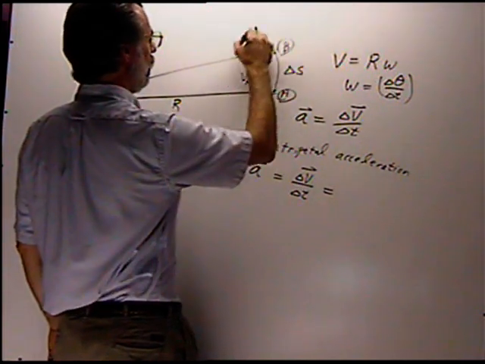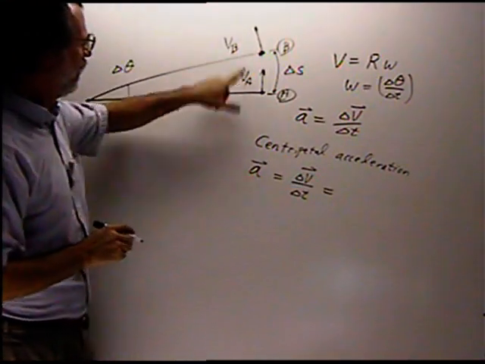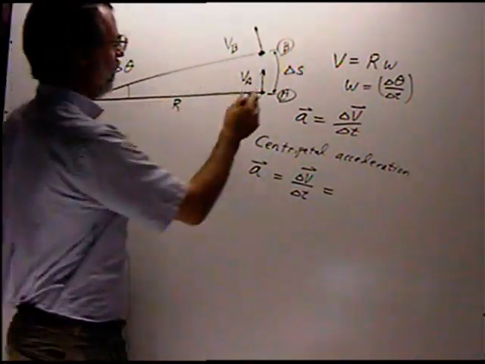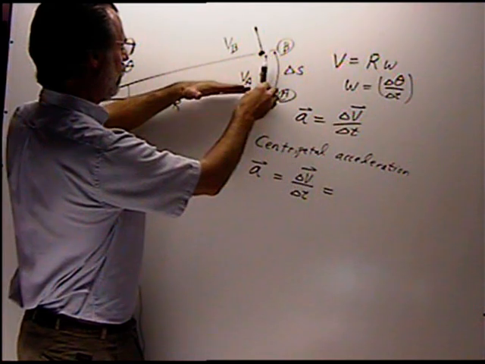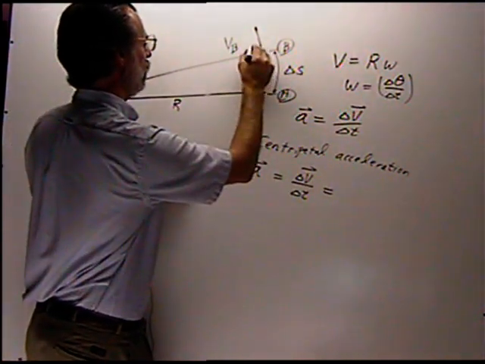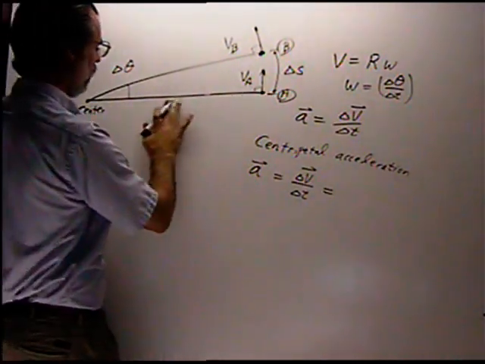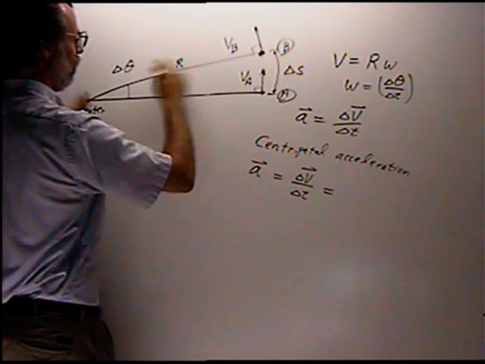We'll write that VB. I hope you can see this. Remember, this is tangential velocity, so this is a right angle, and this is a right angle. And this is a radius from out here.